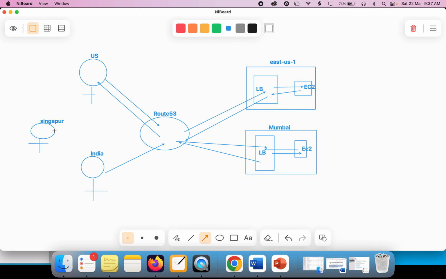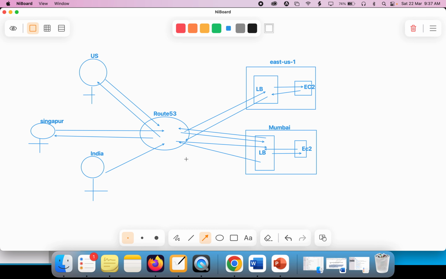Whenever a Singapore request reaches Route 53, because the Singapore region is very close to the Mumbai region, and compared to Singapore to US the distance is very long, it calculates that Mumbai is very close by and routes the traffic to the Mumbai region itself. This is how latency based routing works.